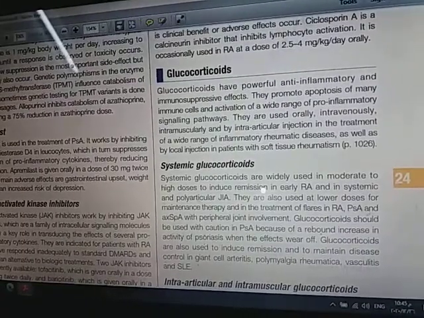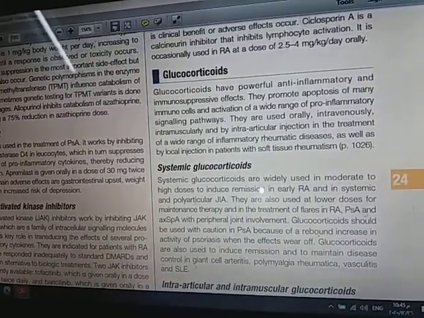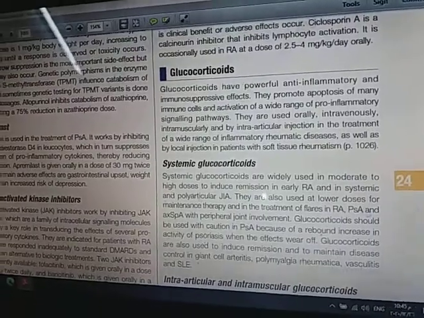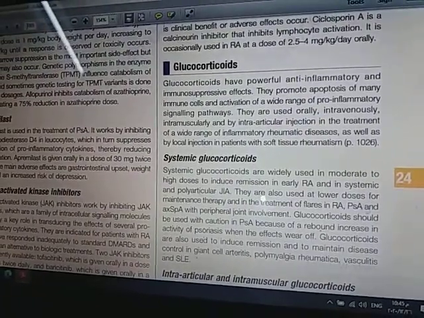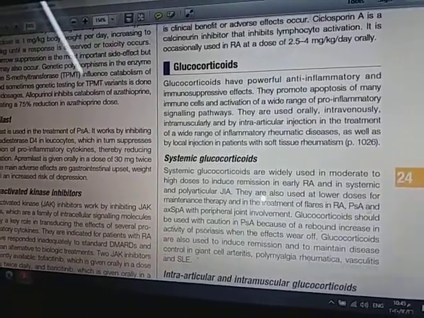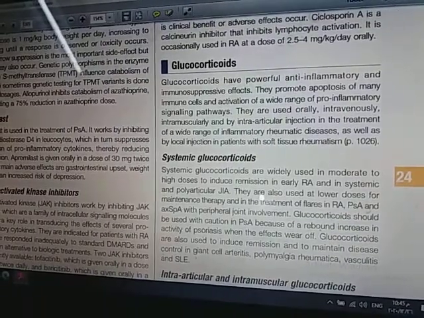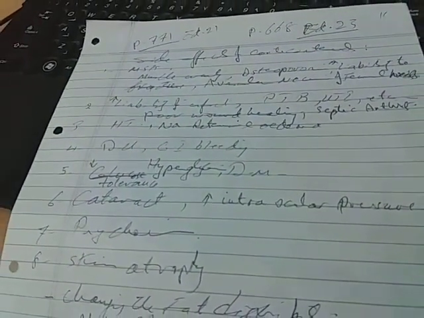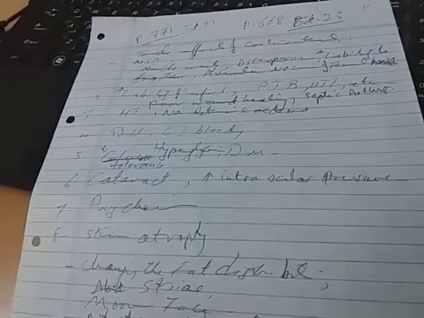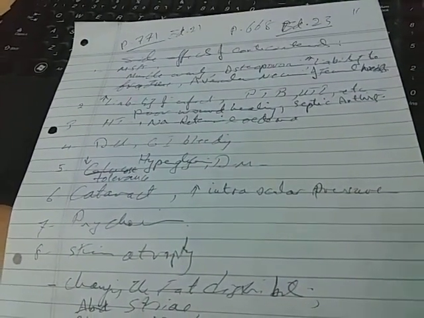So, a few words on the side effects of corticosteroids. We have musculoskeletal side effects: muscle atrophy, osteoporosis, liability to fracture, avascular necrosis.